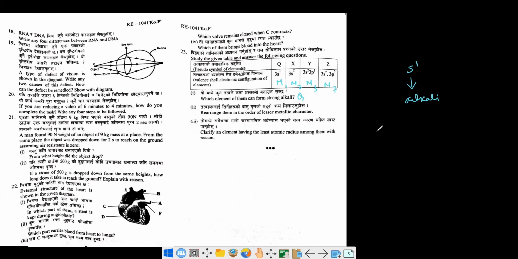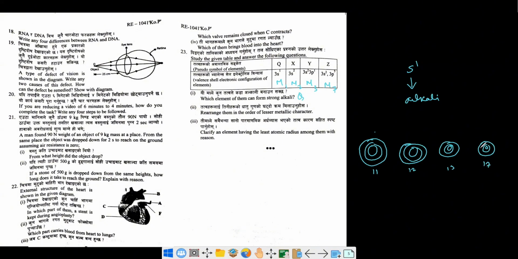Arrange the following elements in decreasing order of metallic character. Okay, so first, the orbit size is the same because there are 11 electrons. So the number of orbits is three, but because of the extra positive charge, here there are 12 protons, here 11 protons. In the third case Y is also 3 orbits, but there are 13 protons. Okay, but in the case of the last one there are 17 protons.